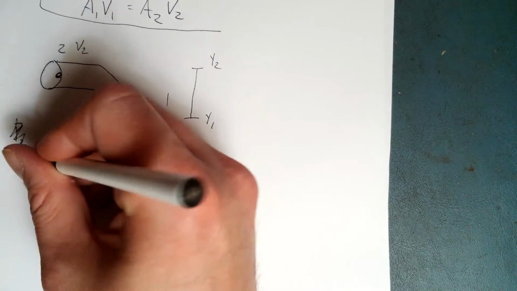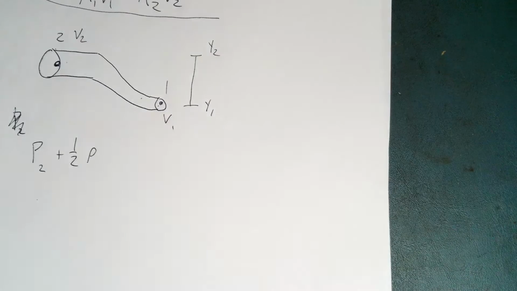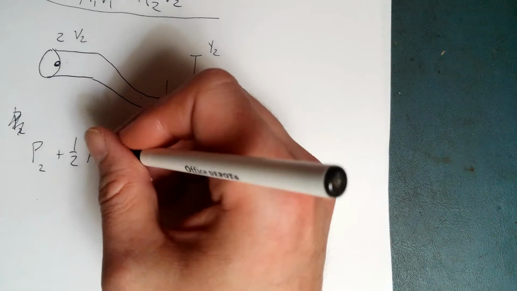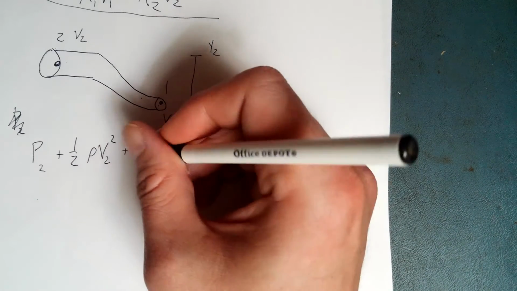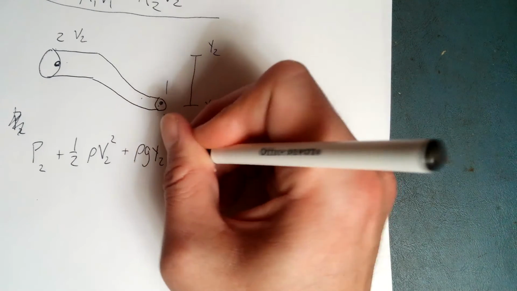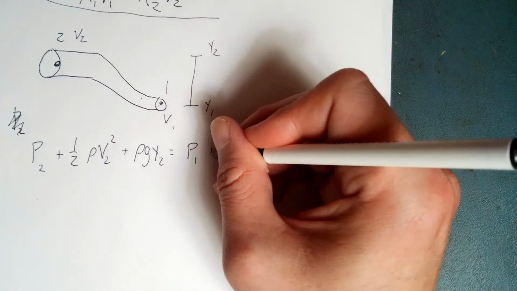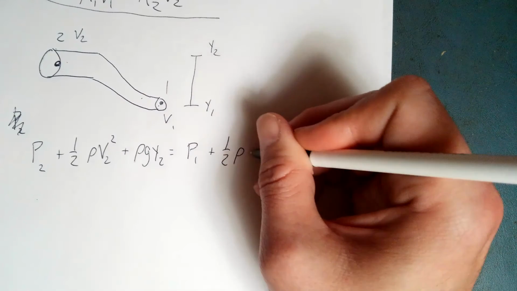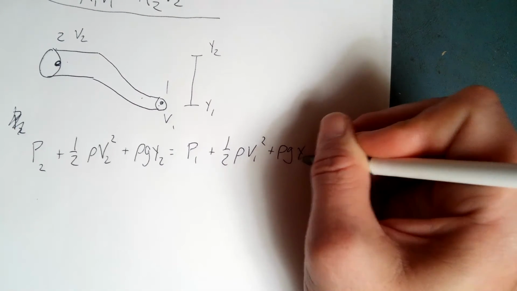So Bernoulli's looks like a really terrible, complicated equation, and it kind of is, but you can usually simplify it. Some of the terms might look familiar. This comes from the conservation of energy equation, except with densities.